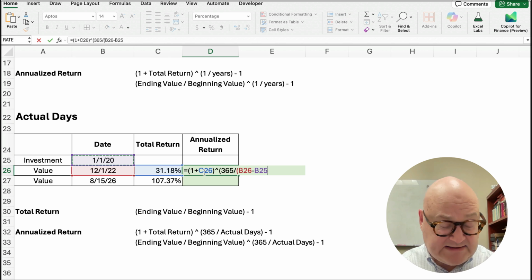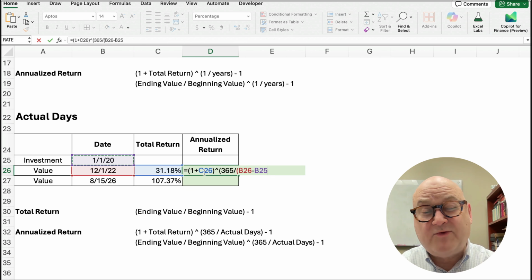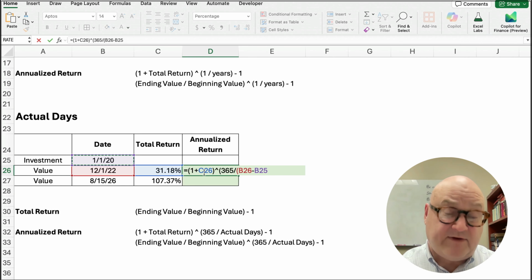So how many days is that going to be? That's going to be all of 2020, 2021, and most of 2022. So that's going to be 365 days times 2.9 or something like that. It's going to be about 1,000 days or so. And so we'll close that parentheses, close the parentheses on the exponent, and then subtract out 1.